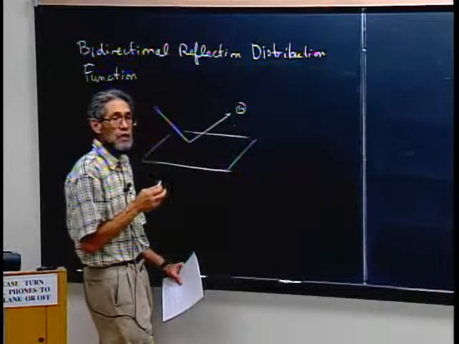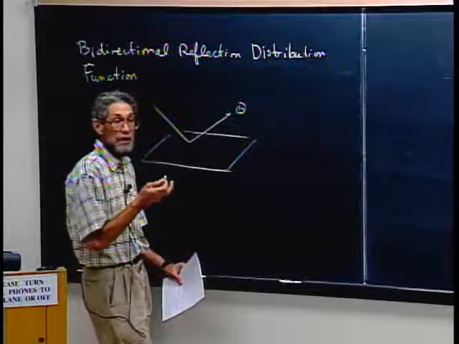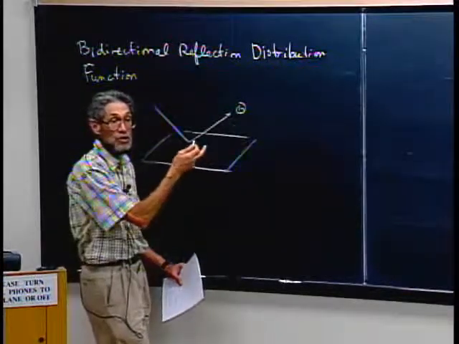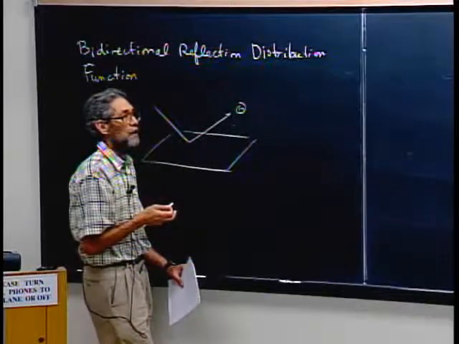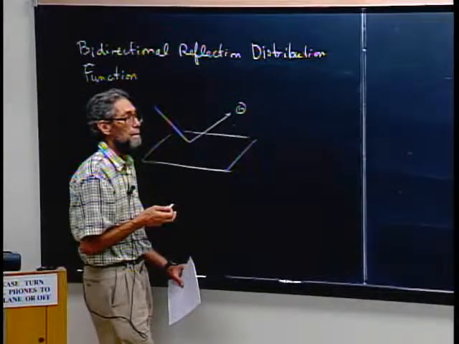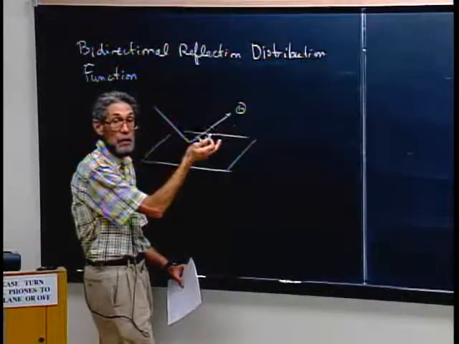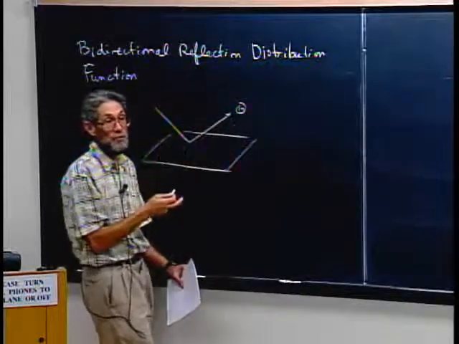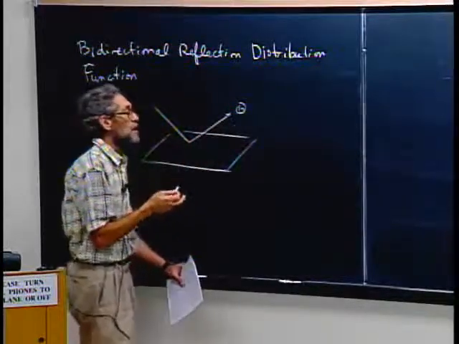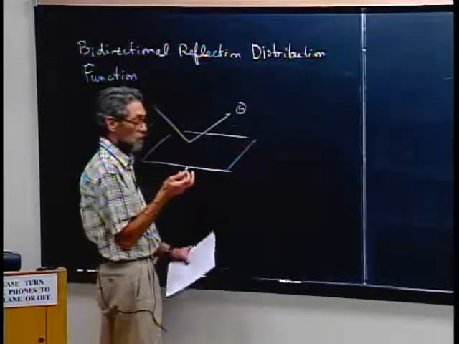It's just a quantity that you have to integrate to get the light that comes out in a finite region of directions on the unit sphere. If a finite amount came in every direction and there are an infinite number of directions in the unit sphere, then the total light reflected would be infinite. It's a quantity that you have to integrate to get a number, and that's why it's called a distribution function.